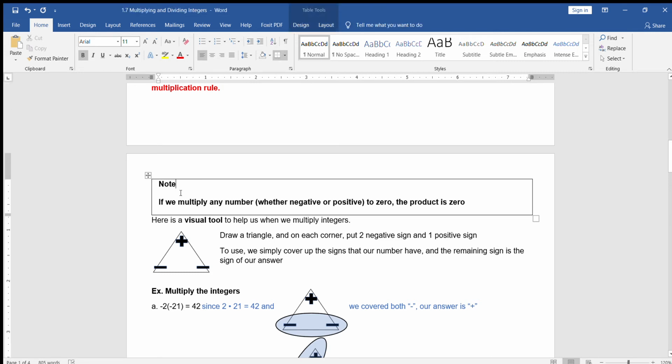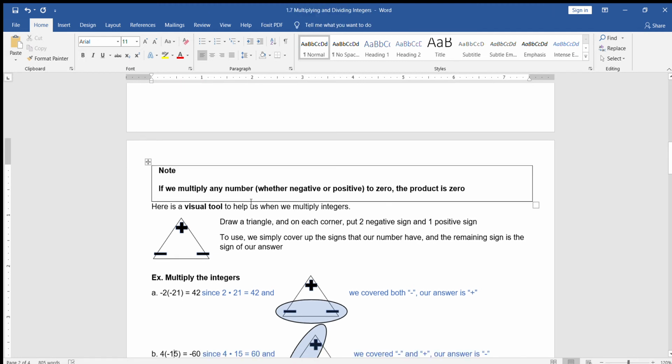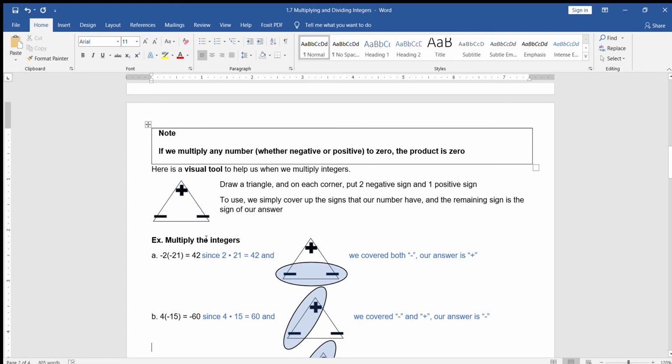If we multiply any number, whether it's negative or positive, by 0, the product is 0. Hopefully you kind of get that already. 4 times 0 is 0, so when you multiply negative 4 times 0, your product should also be 0. So let's use the visual tool.